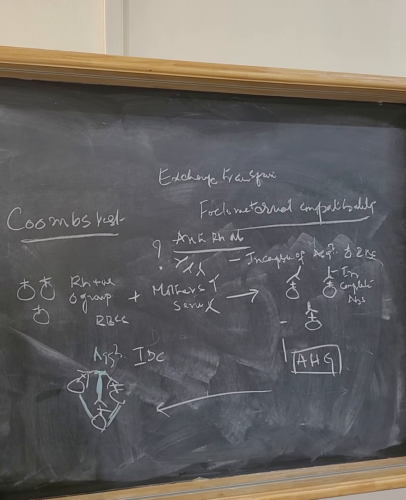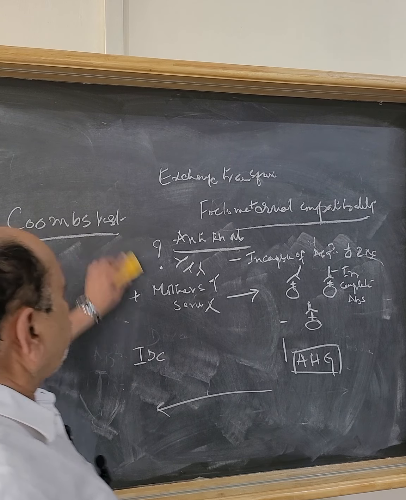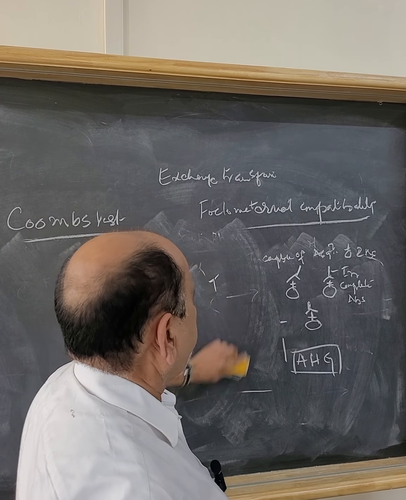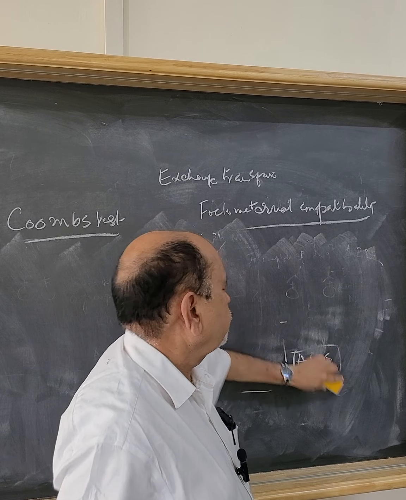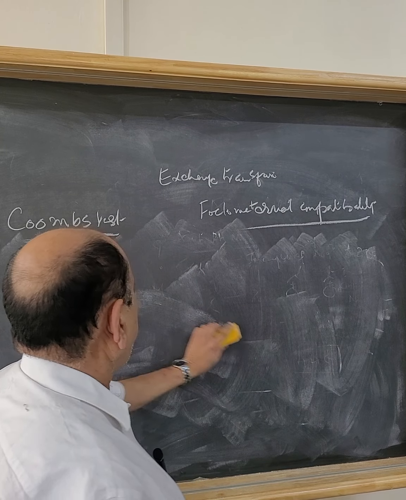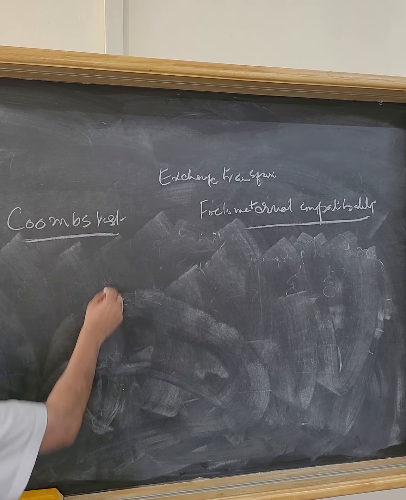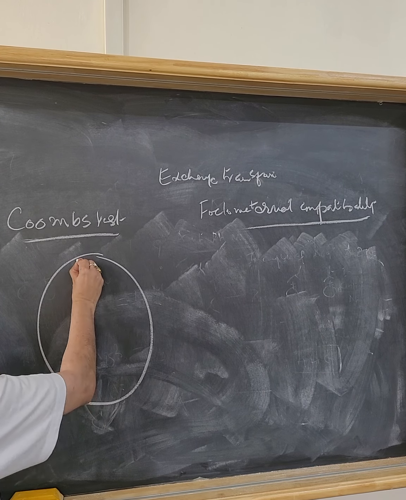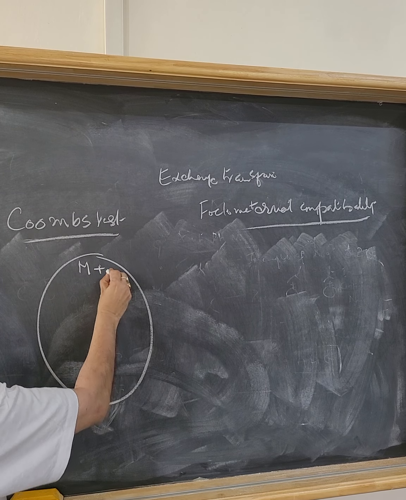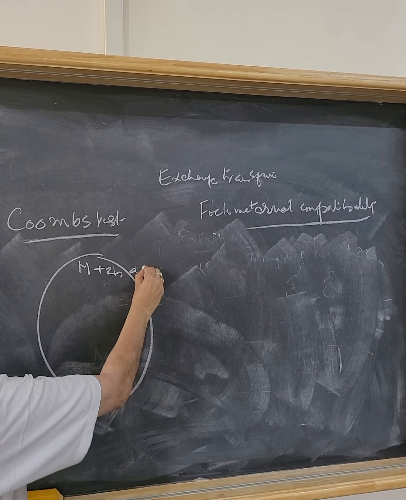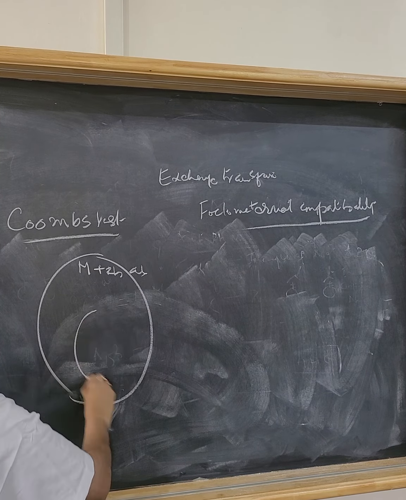Now, what is direct Coombs test? So imagine mother with Rh positive antibodies and fetus. Fetus with Rh positive blood cells.